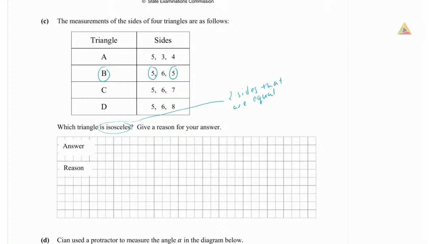So the answer there is triangle B, and the reason is because two of the sides have the same value. And I'd put in here i.e. 5, so you just know what you're talking about.